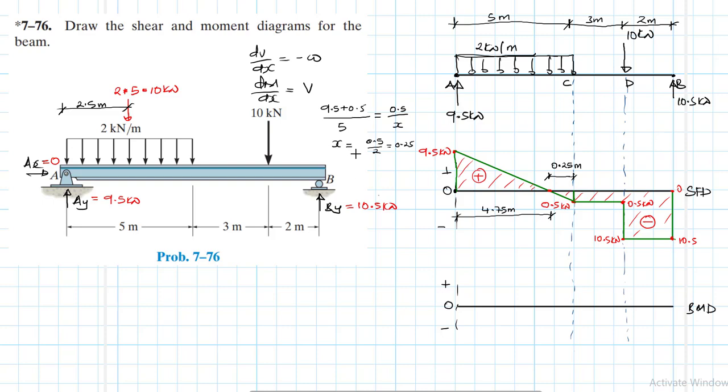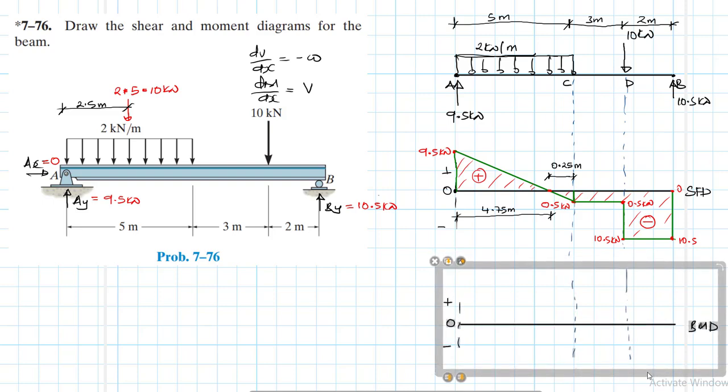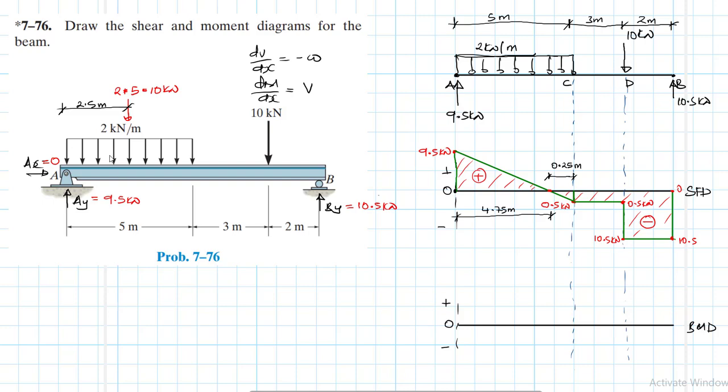So we have that information, so we'll be able to use it to compute our maximum moment. So let's move to the figure for the bending moment diagram. Okay, there we go. So what do we have?